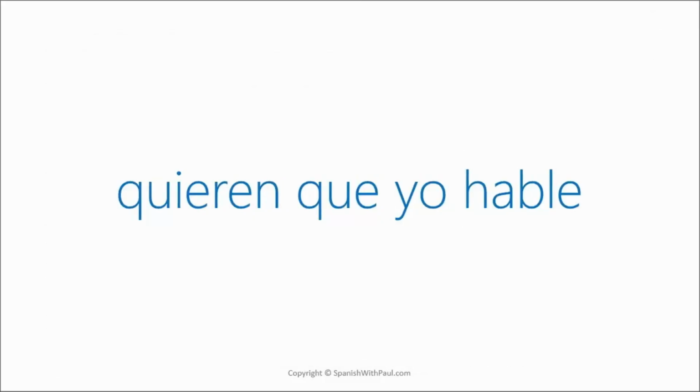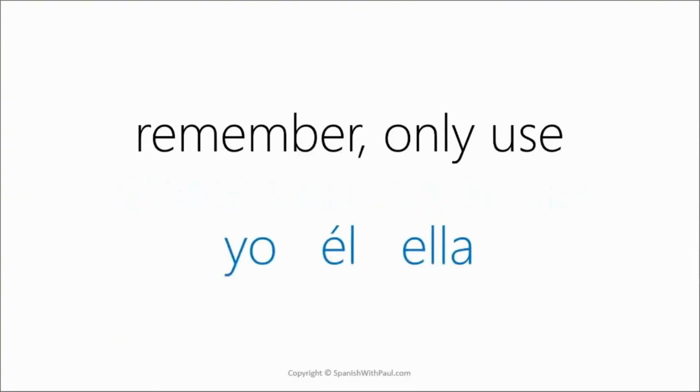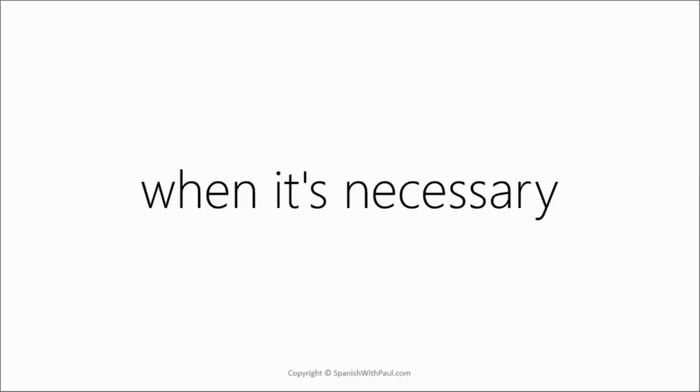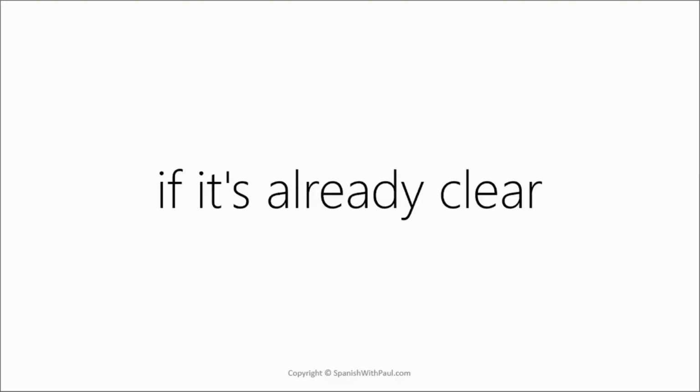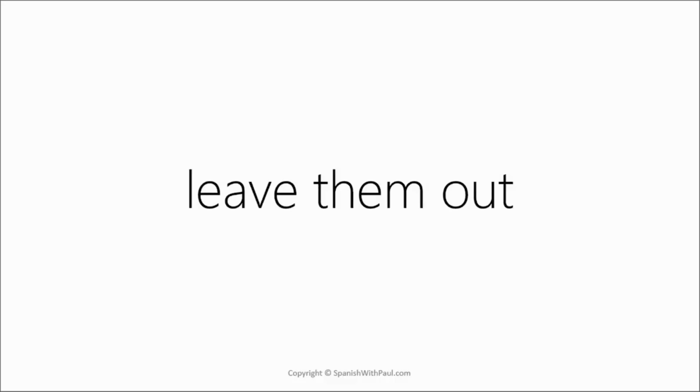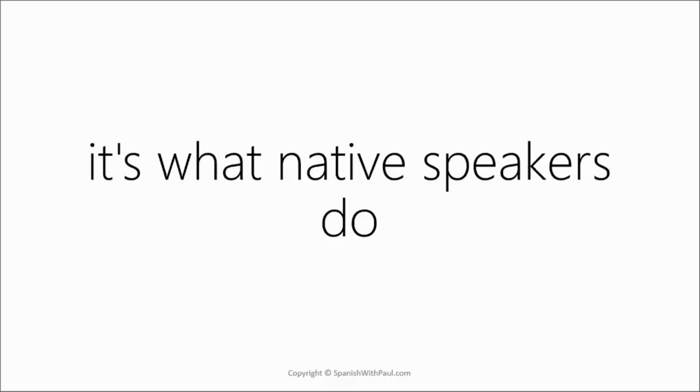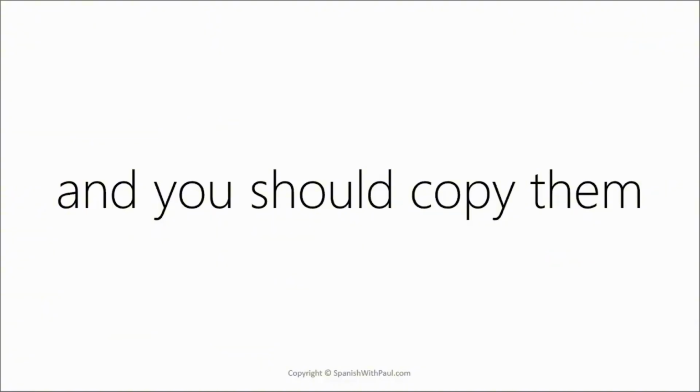So we have quieren que yo hable. It's important to remember that you still only use these pronouns of yo, él, and ella in this way when it's absolutely necessary. If it's already clear who you're referring to, you leave them out, because it's what native speakers do, and as a general rule, we should always try to copy them.